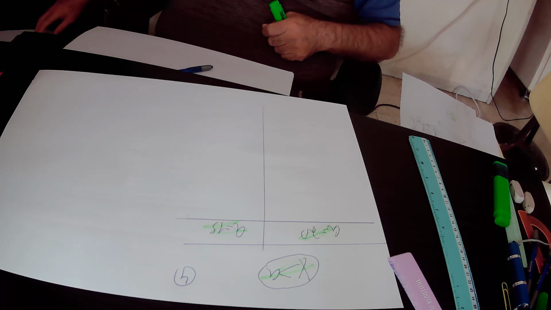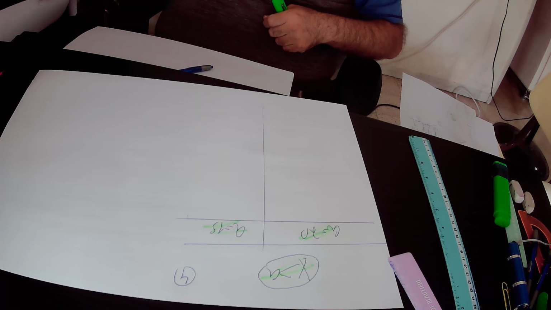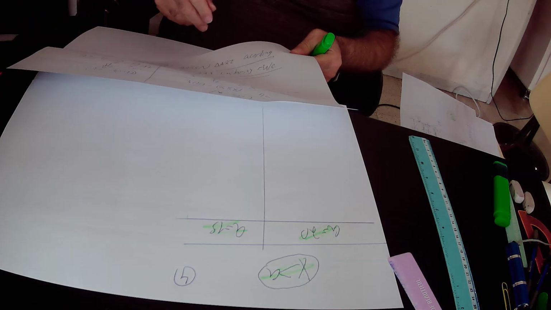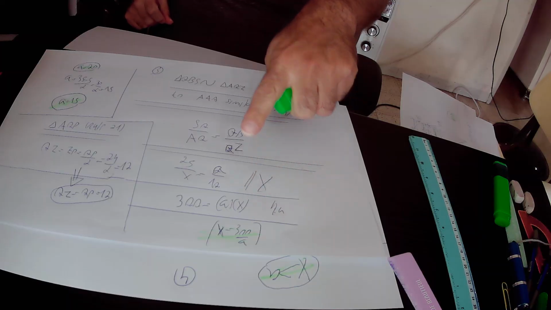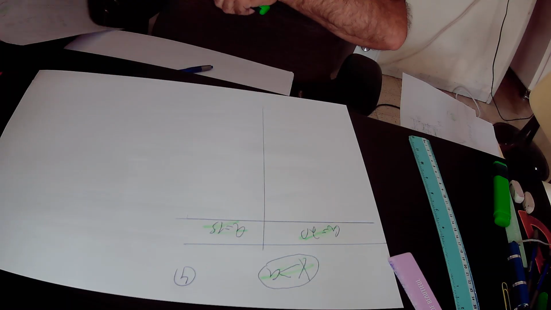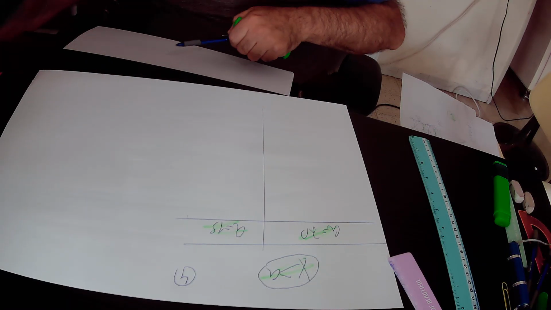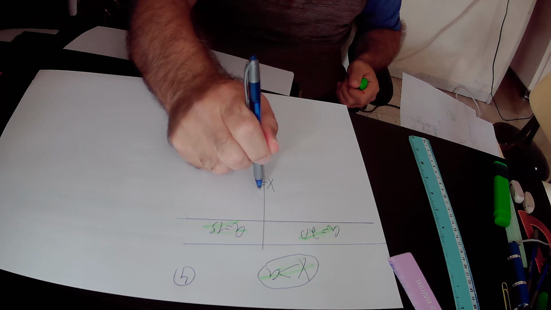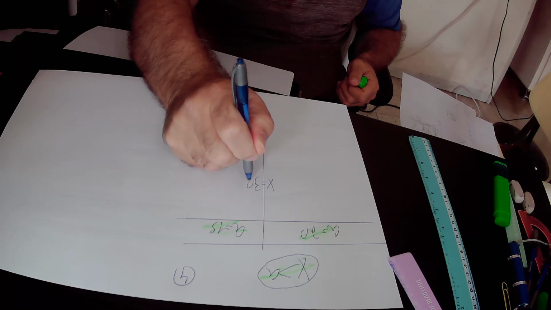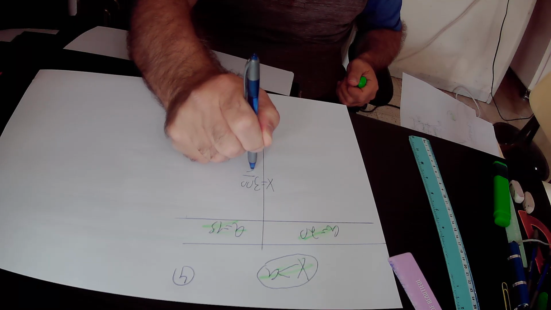Okay, so we only found out that x equals 300 over a. According to what we already found out, x equals 300 over a.